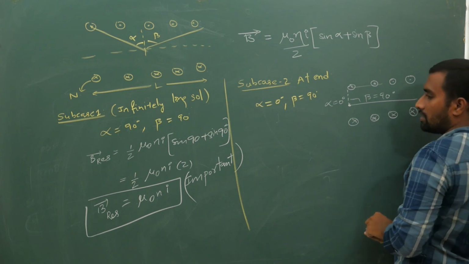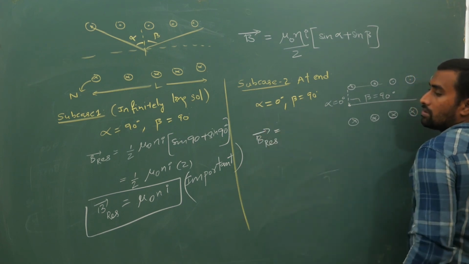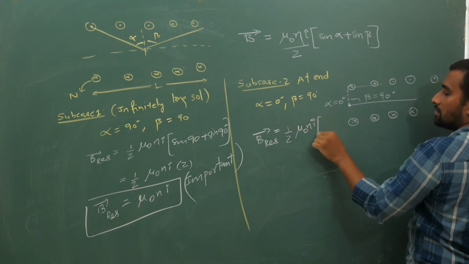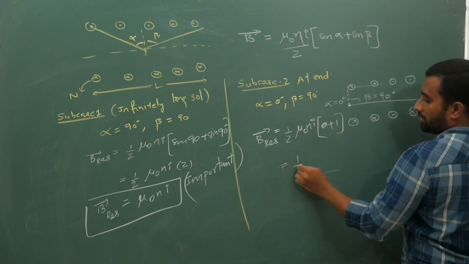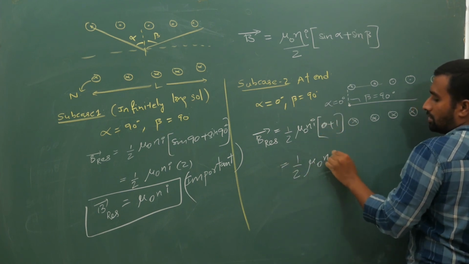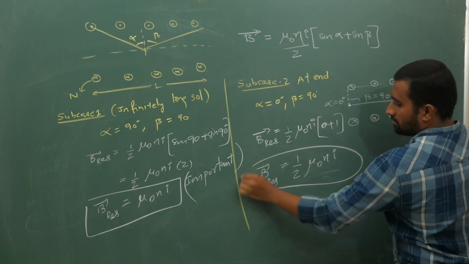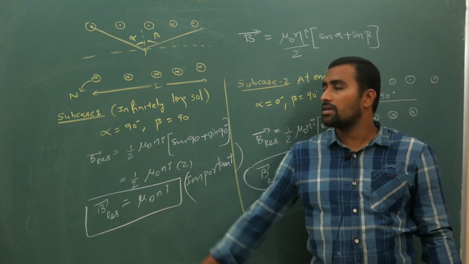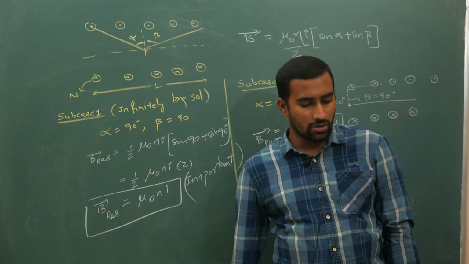So at the end your resultant B is equal to half of mu naught Ni times 0 plus 1, sin 0 is 0 plus 1, so you are going to get half mu naught Ni. This is at the end of an infinitely long solenoid. So this result is important for the solenoid part.